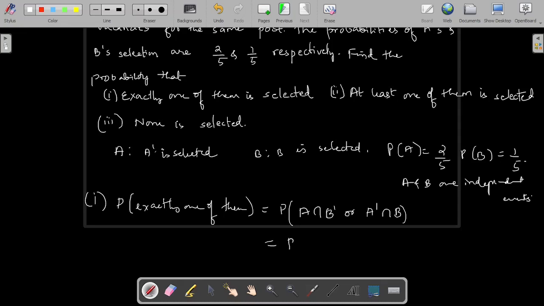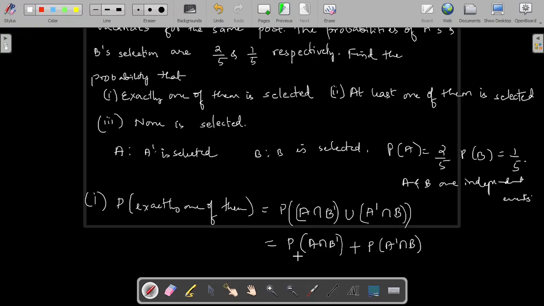So how to find this? Now P of A intersection B dash, or means plus, P of A dash intersection B, because here or actually means union. Union means using the addition law. So we can split it like this. Or means it is union. Then using addition law, P of A plus P of B.